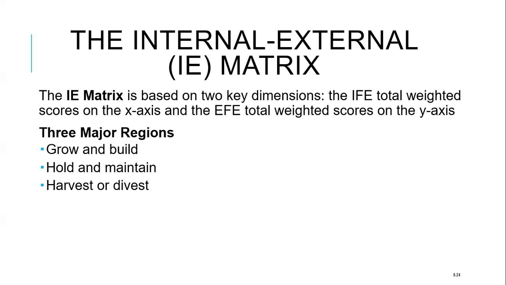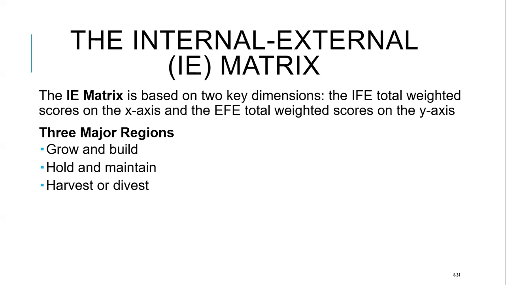Now, it also has key dimensions, and these dimensions include the internal factor evaluation dimension and the external factor evaluation dimension. And as I indicated, it also includes three major regions. These regions are the grow and build region.